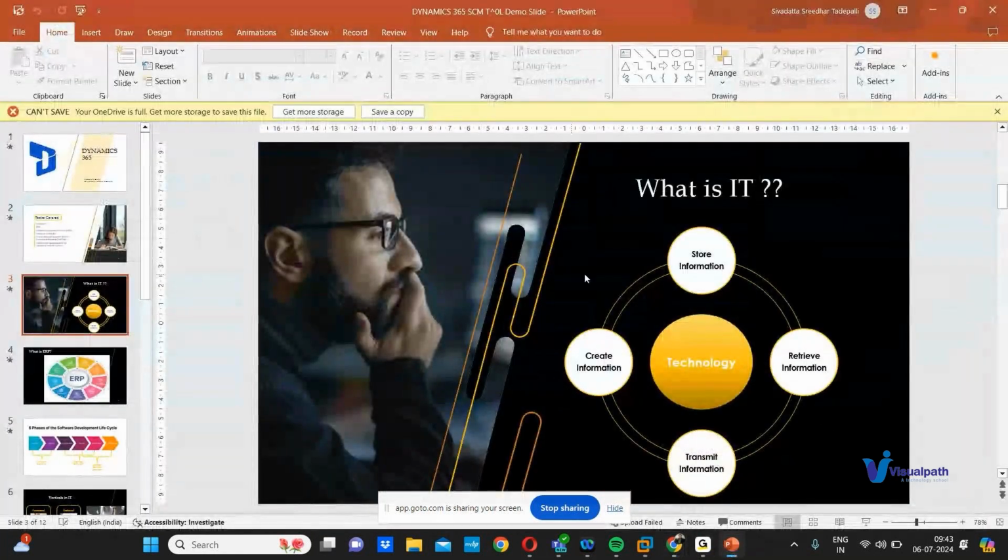Usually everyone knows IT stands for information technology. However, I categorize the operations carried out in the IT industry into two categories. The first one is that IT people, using the information, will sell the technology.